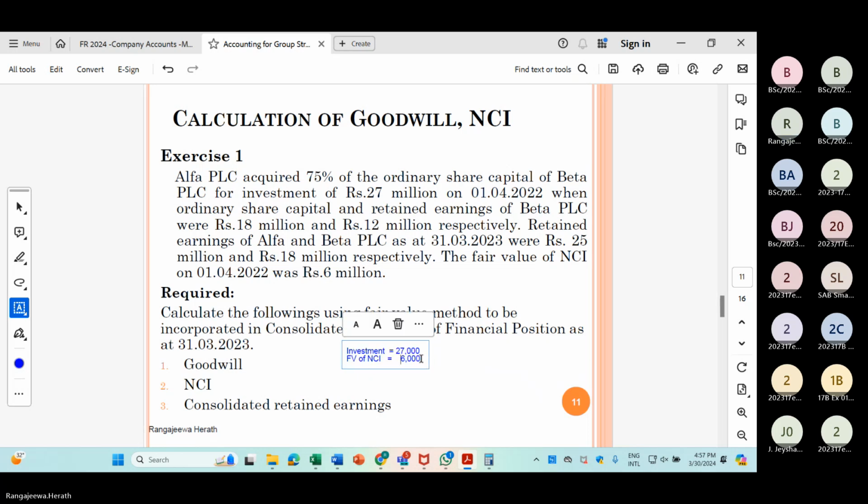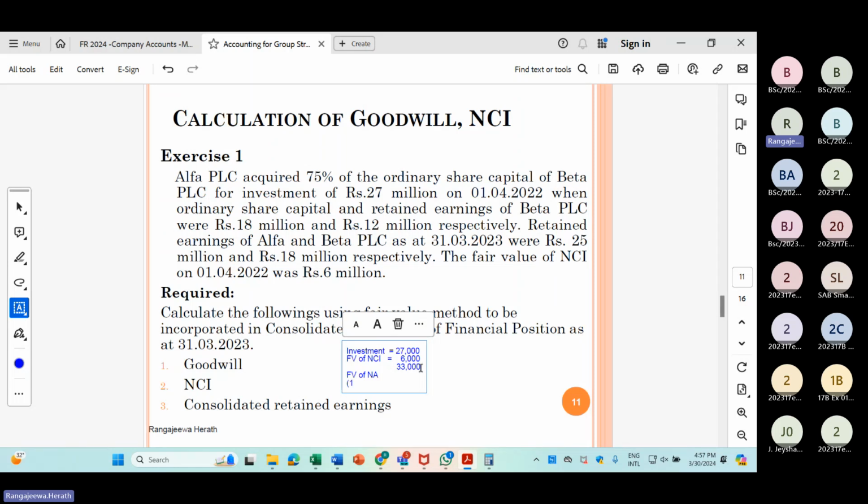Altogether, we could have acquired the 100% of the subsidiary for 33 million. Then what is the fair value of net asset? Here we have retained earning and stated capital.